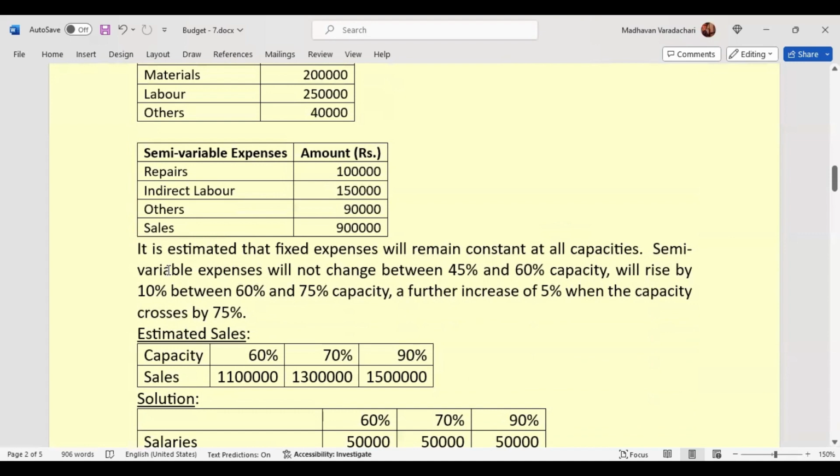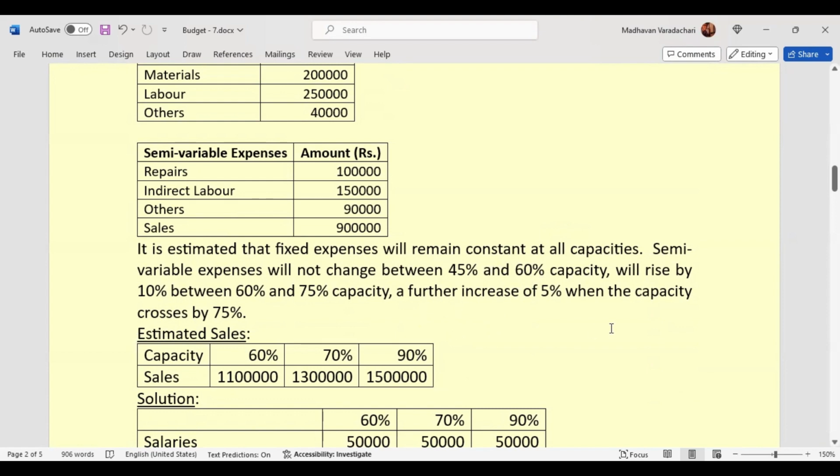Then it says it is estimated that the fixed expenses will remain constant at all capacities. Semi-variable expenses will not change between 45% and 60% capacity, but will rise by 10% between 60% and 75% capacity.